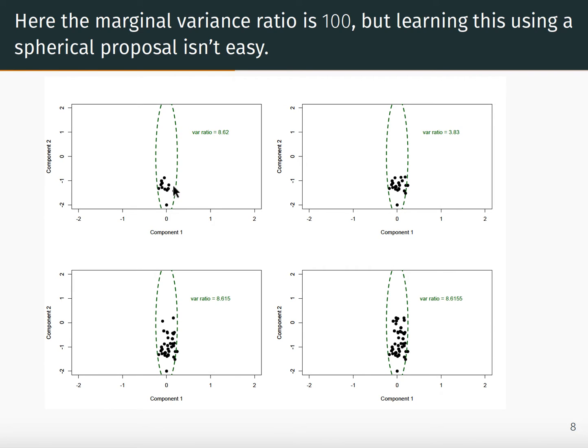But then because you've got a step size which is much too small for the larger component, it takes quite a long time to explore this coordinate and realize that actually you can precondition in a way that you're exploring much further here. And you can see that in this example, after about 100 iterations here, a few more iterations here, a few more here, and a few more in the bottom right, we're still not getting anywhere near the right kind of variance ratio. So we still haven't managed to learn the correlation structure and the covariance structure of the target to effectively precondition.